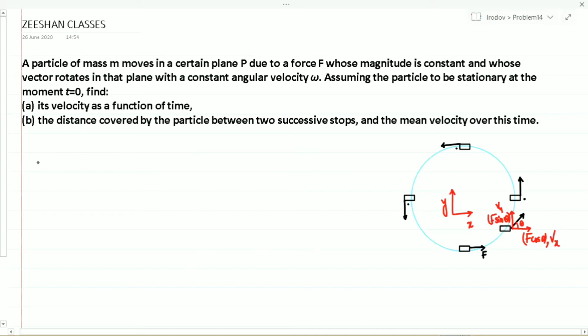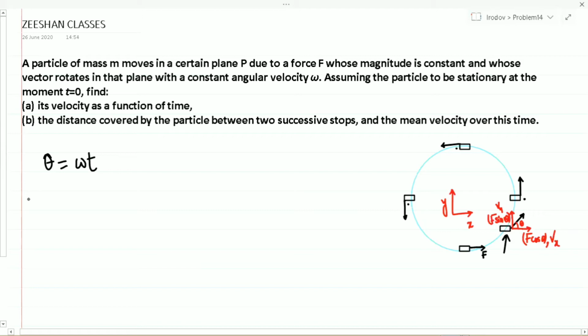We should also know that the angle theta can be written as omega t, where omega is the angular velocity of rotation of the force F, and t is the time taken for the particle to reach this location, the location we have caught the particle on.